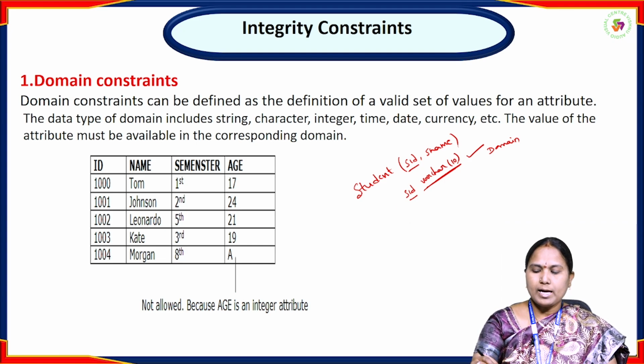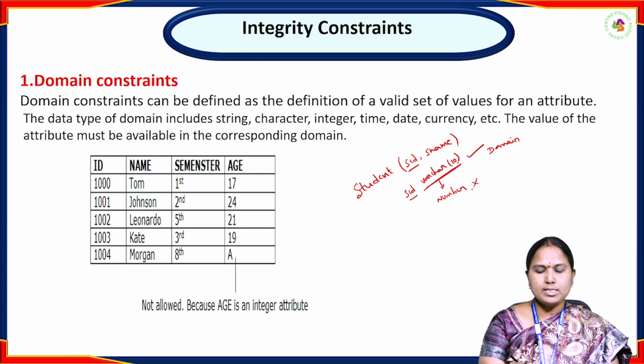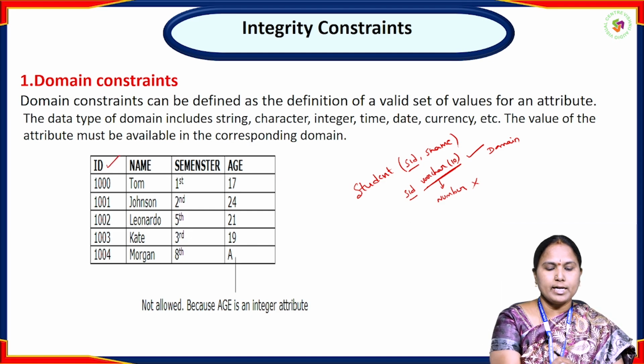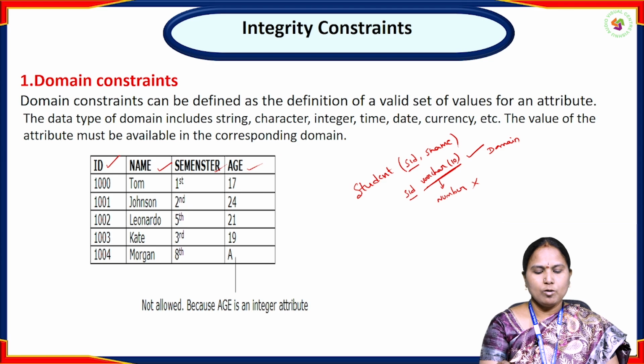Suppose SID is assigned the varchar data type. Instead of varchar, if I enter a number value, it is not at all acceptable. Coming to this table, see here: student ID, name, semester, age. These are the columns present in the table. Under the age column, age is assigned a number data type.